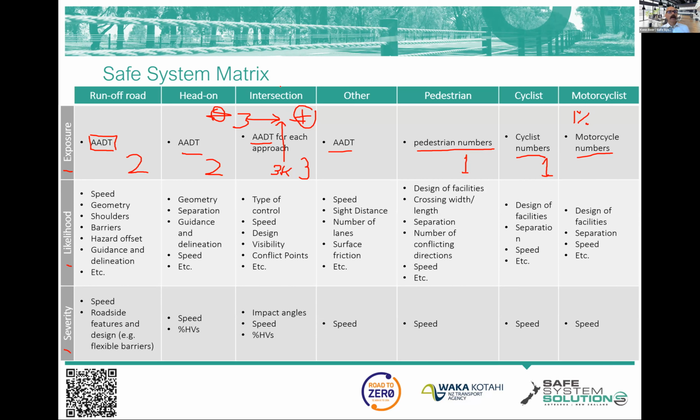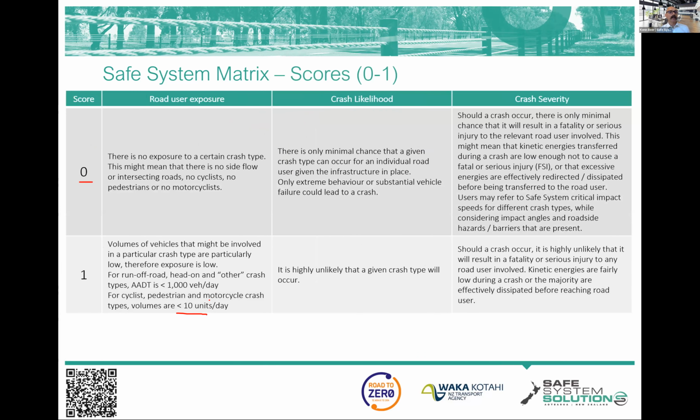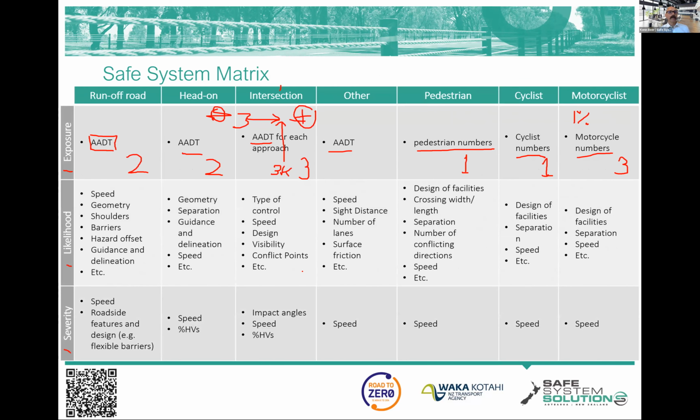And so you'd be thinking about the intersection, because this is trying to cover motorcyclists that would be crashing at intersections, head-on crashes, run-off road. So we'll be taking a 3 there for motorcyclists as well, because they sit in that categorization down here: motorcycles, pedestrian, cyclists and motorcyclists.